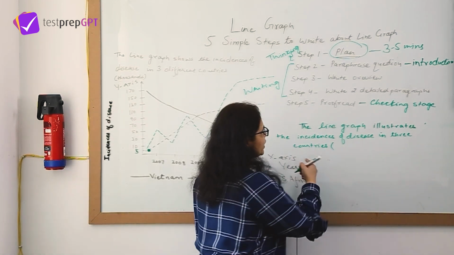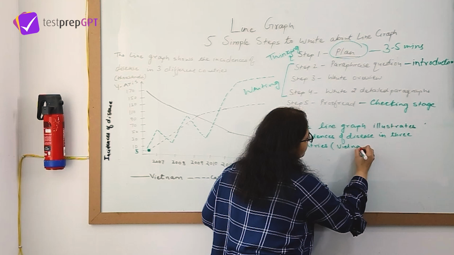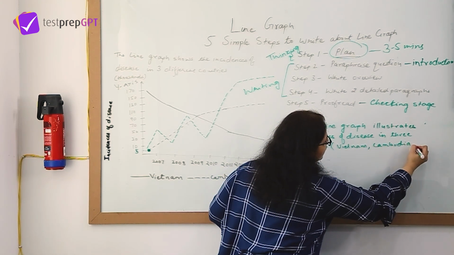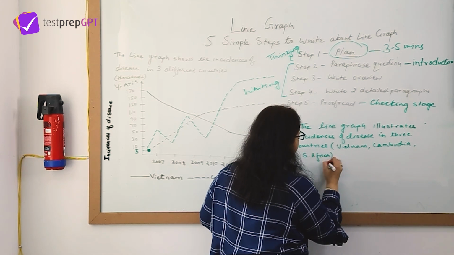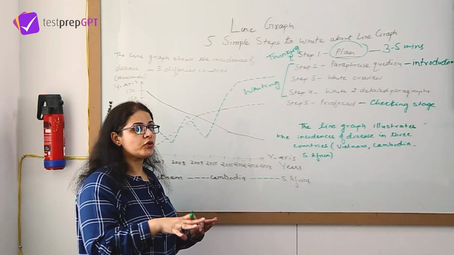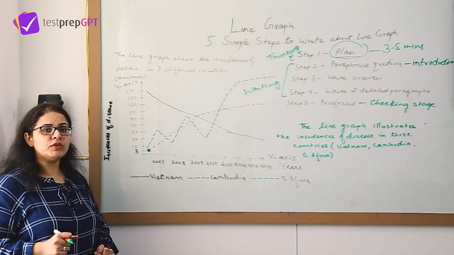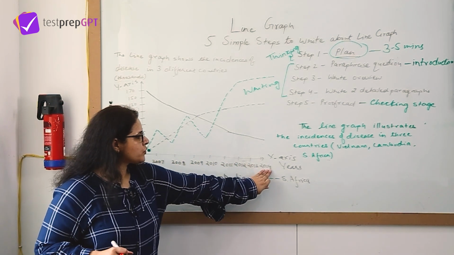So we will write in 3 countries: Vietnam, Cambodia, South Africa. Next, what I'm going to add to it is the time period. And what is the given time period? It is from 2007 to 2014.